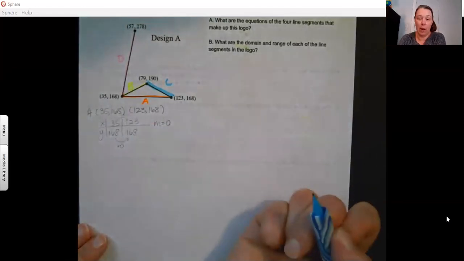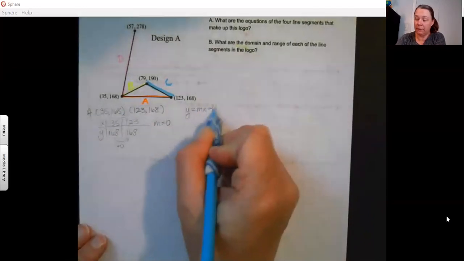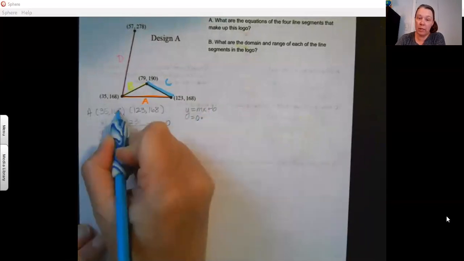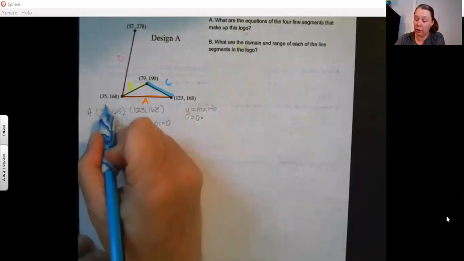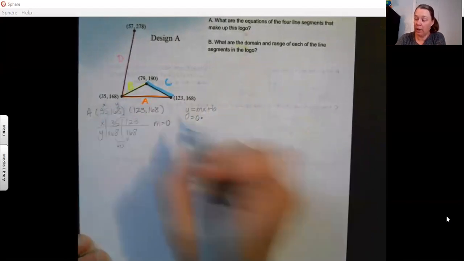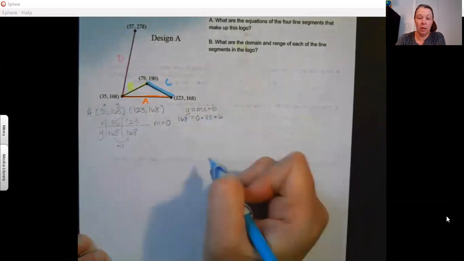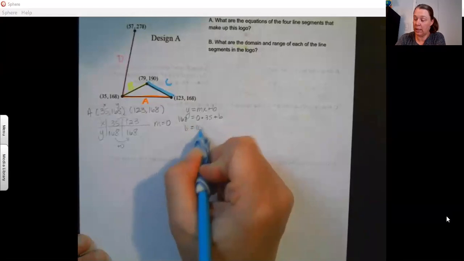Then I want to figure out my y-intercept. So if I use that y equals mx plus b idea, and I put 0 in for m, and then I pick one of these points, and it does not matter which point I pick. I'm going to pick this first one for my x and my y. I'm going to have 168 for my y and 35 for my x. 0 times anything is 0, so b equals 168.